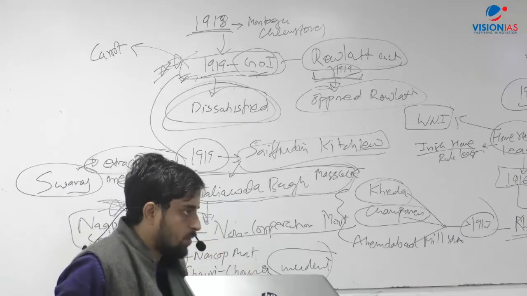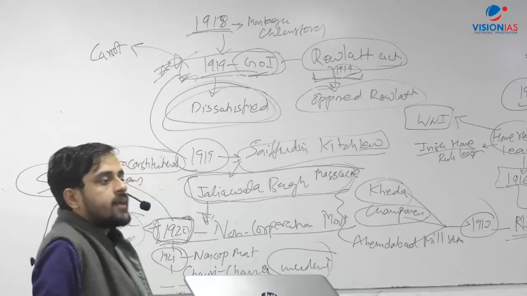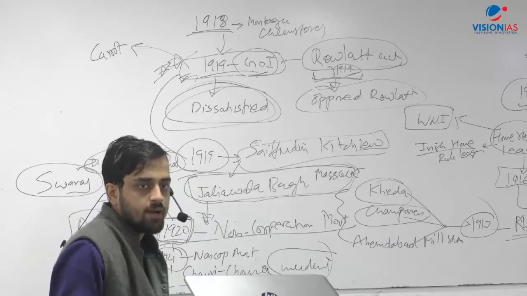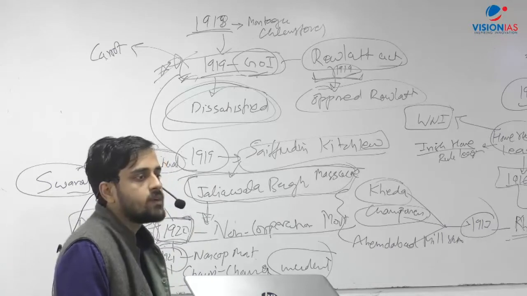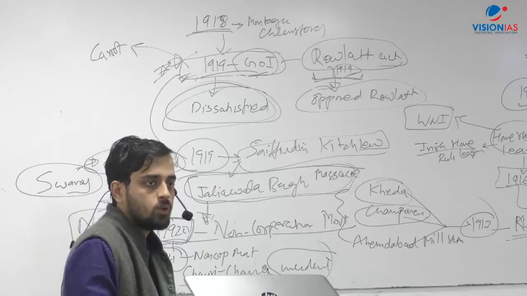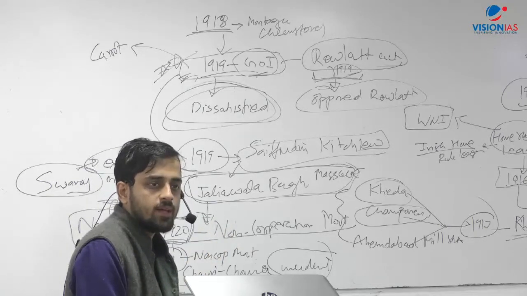It is extremely important to understand, because the Gandhian experiences and struggles in South Africa were the ones which allowed Gandhi to become an important player in the freedom struggle in India.